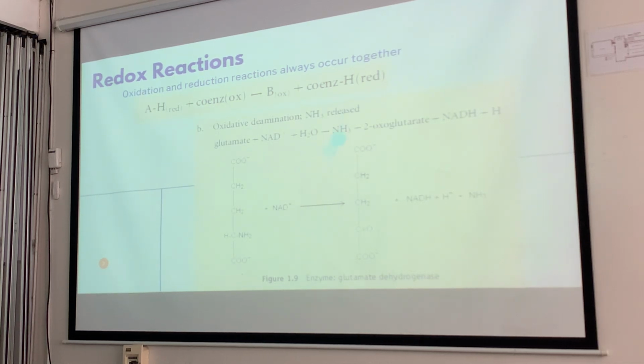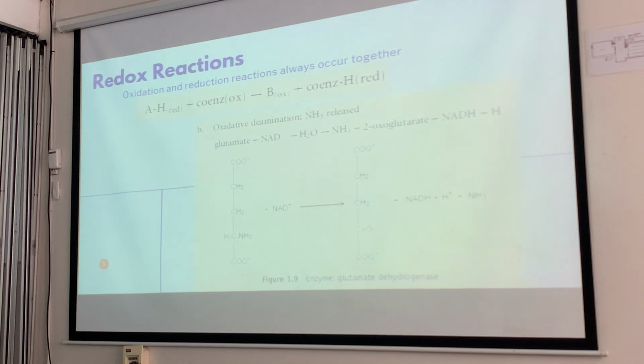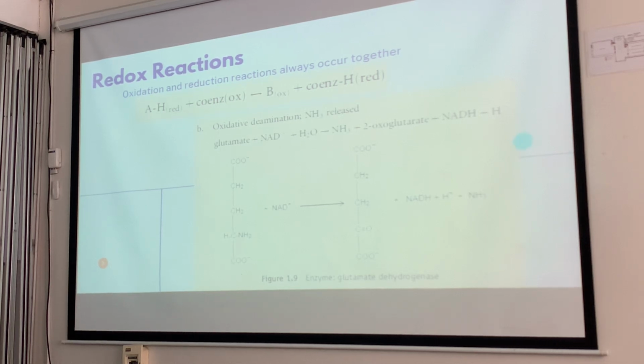Thus, NAD here would be reduced to NADH. So all organisms have this catabolic or anabolic reaction. So it could break down and then it also could form a new product. So this is also crucial because once this is metabolized, glutamate becomes alpha-ketoglutarate.